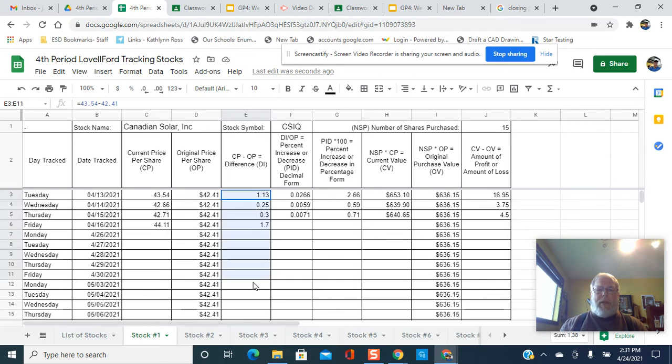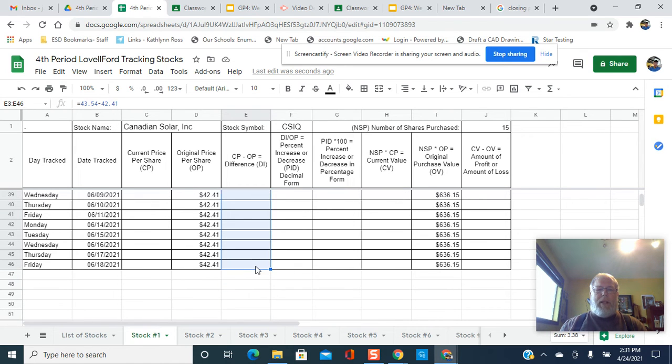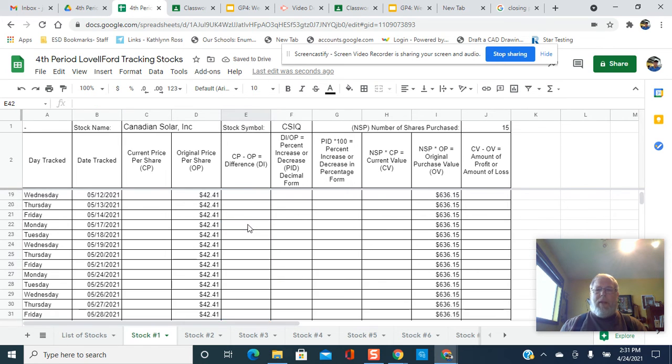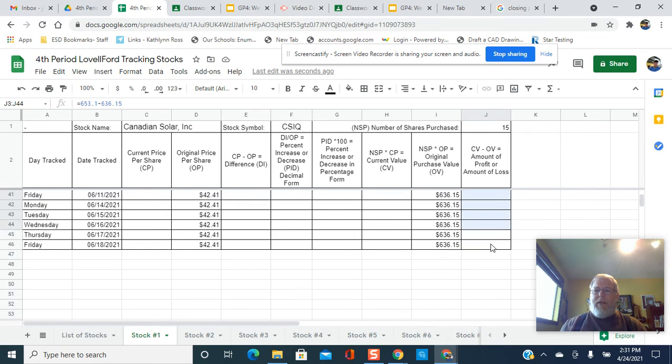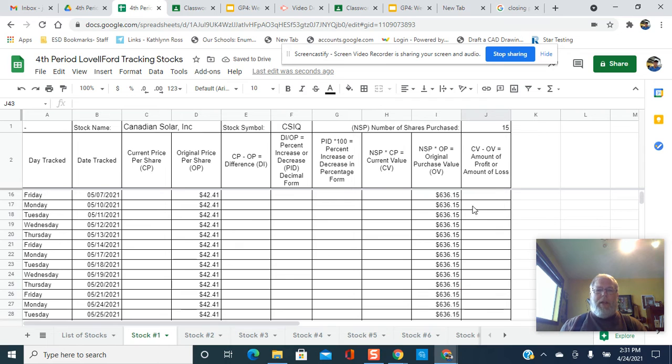So why don't we do this? We're going to highlight this entire column and let's go ahead and make it formatted for currency. Just like here, this is also currency. So let's highlight that whole column, and we'll make that formatted for currency, so we don't have to keep jumping back and forth to format each individual cell.